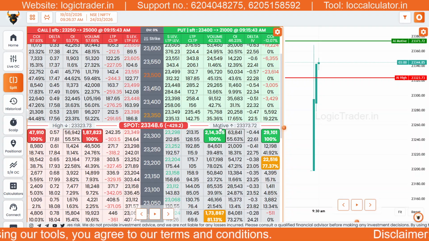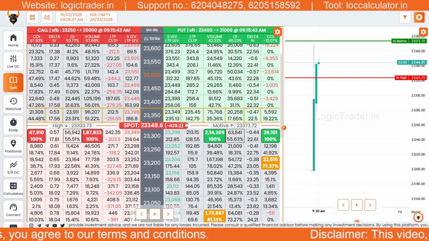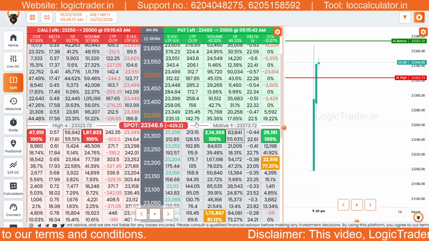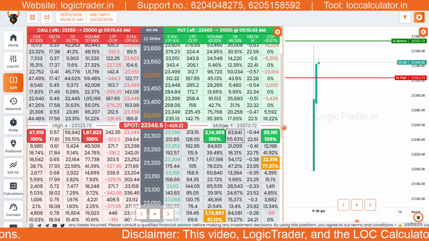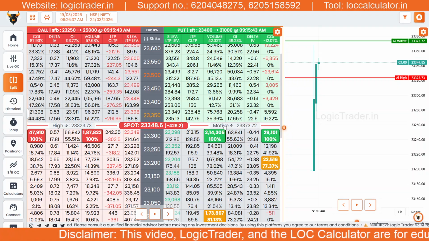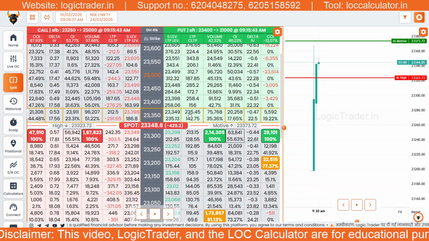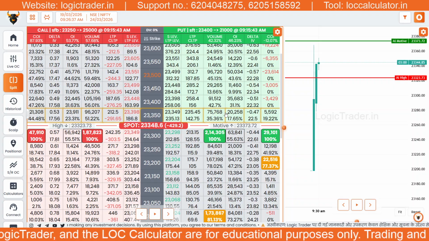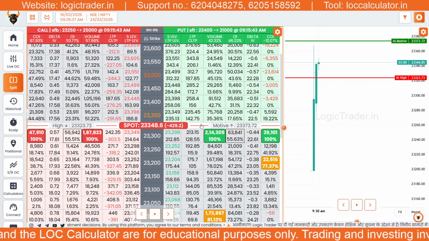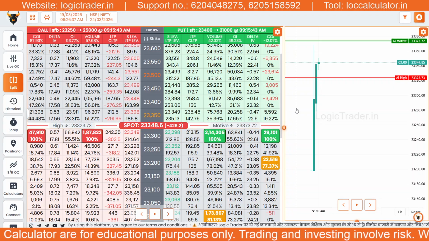Instead of reacting immediately, we will watch how the Motive behaves for a few minutes and only then decide whether it is reliable enough to consider a trade. This helps us avoid false signals and improves our entries.